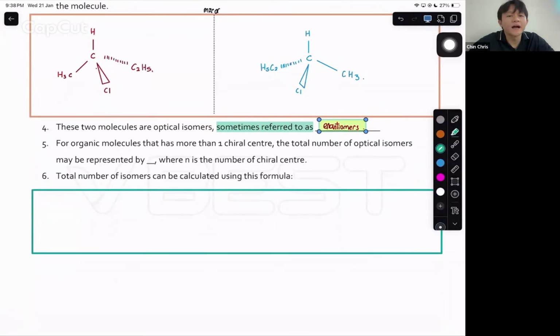Good. Now let's continue. For an organic molecule that has more than one chiral center, the total number of optical isomers may be represented by 2 to the power of n.